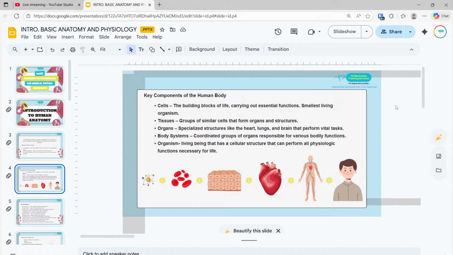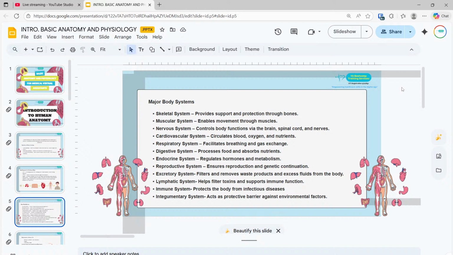Body systems are coordinated groups of organs responsible for various bodily functions. And the organism is the living being that has a cellular structure that can perform all physiologic functions necessary for life. All right. As you can see here on the visual representation, we have the cells, the tissue, organ, the body systems, and the organism.